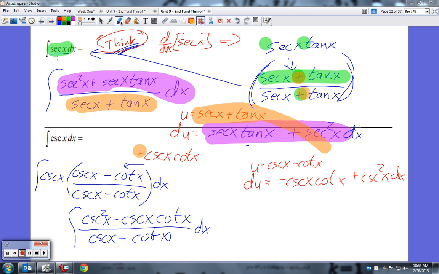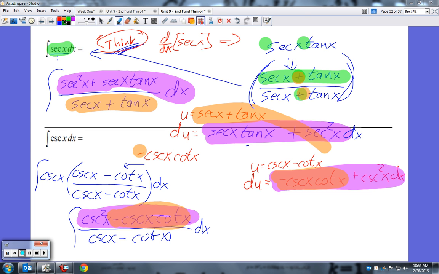And if you notice, just like from before, this whole thing is our numerator right here. It's just in the wrong order. It's equivalent. You have the negative cosecant cotangent, and over here you had it subtracting. And then you have the positive cosecant squared, and over there it's there. So this is still another du over u form.